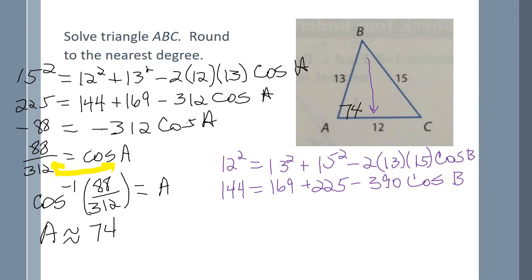I'm doing all that on the calculator. So negative 250 equals negative 390 cosine of B.